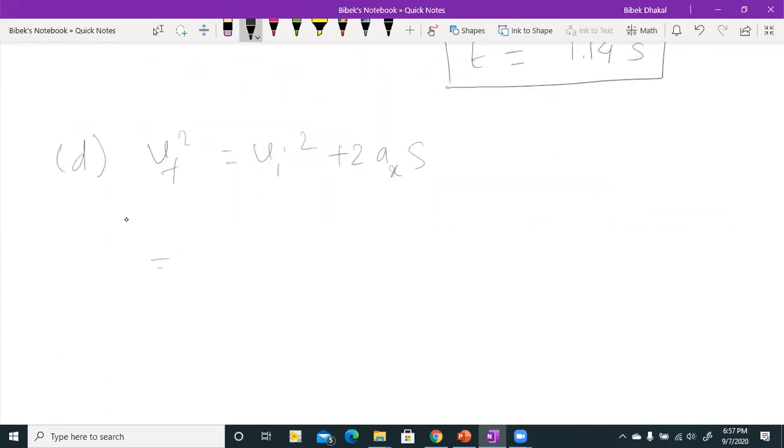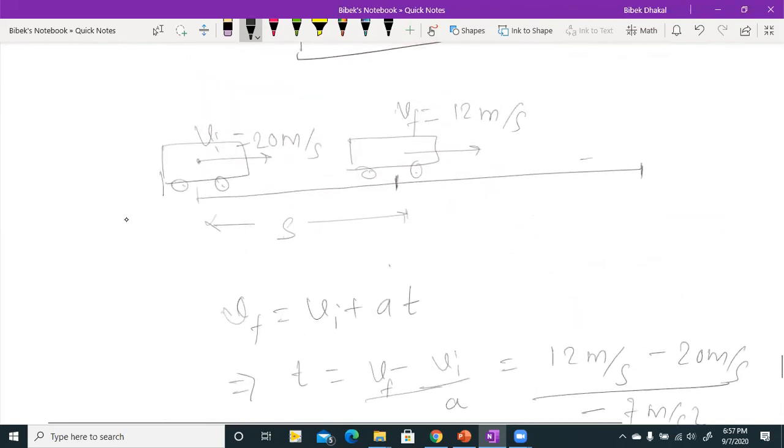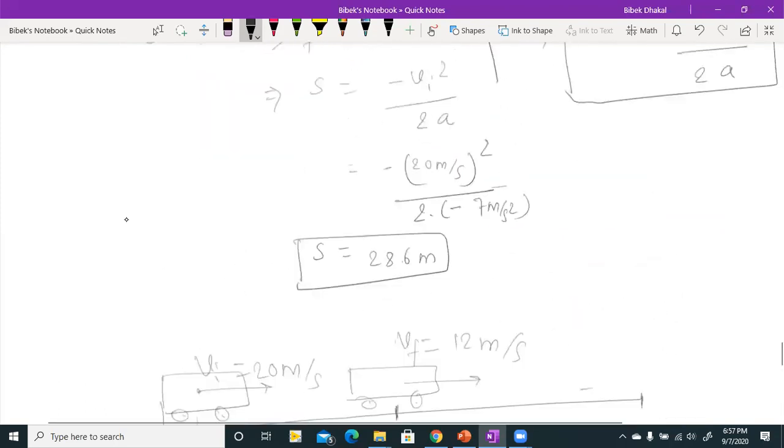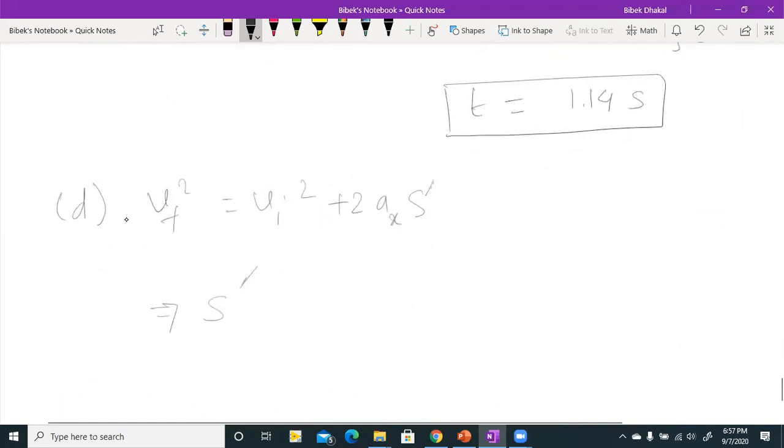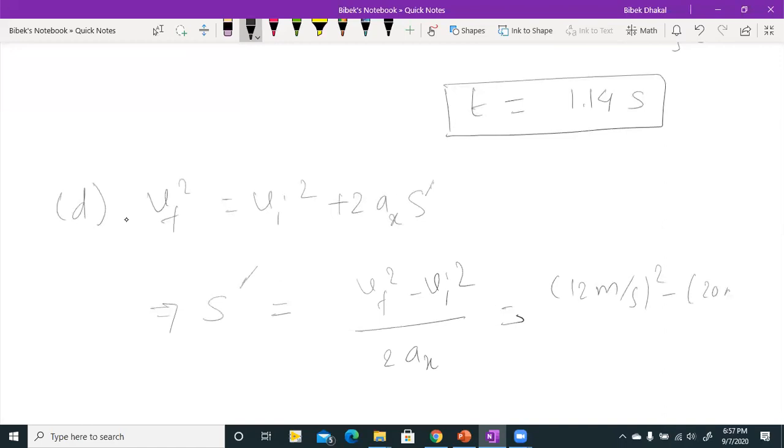So if you do the calculation, let me write this one as s prime, because it's not the total braking distance, otherwise my notation will overlap. Okay, so that is v final squared minus v initial squared divided by 2 times a_x. This is 12 meters per second squared minus 20 meters per second squared divided by 2 times negative 7 meters per second squared.